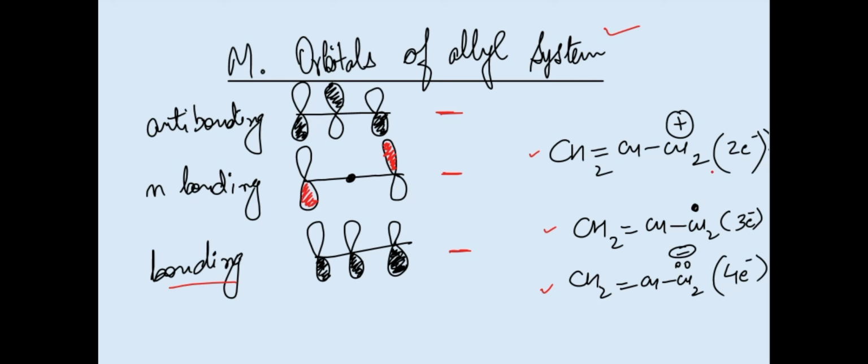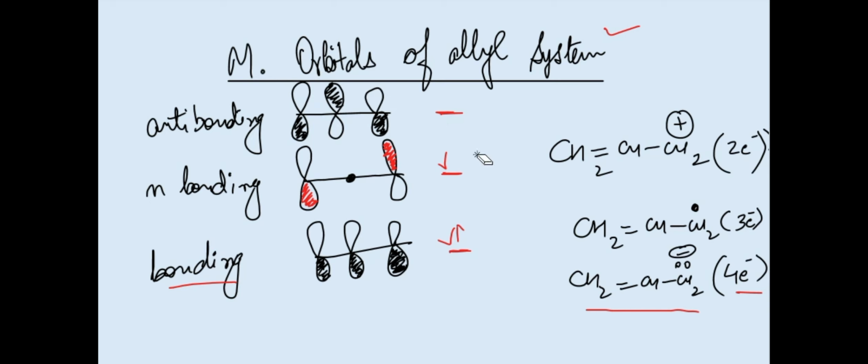So in the case of the anion, you've got 4 electrons which will be filled like this, and this one will be the HOMO in the case of the anion. In the case of the radical, it will look something like this.